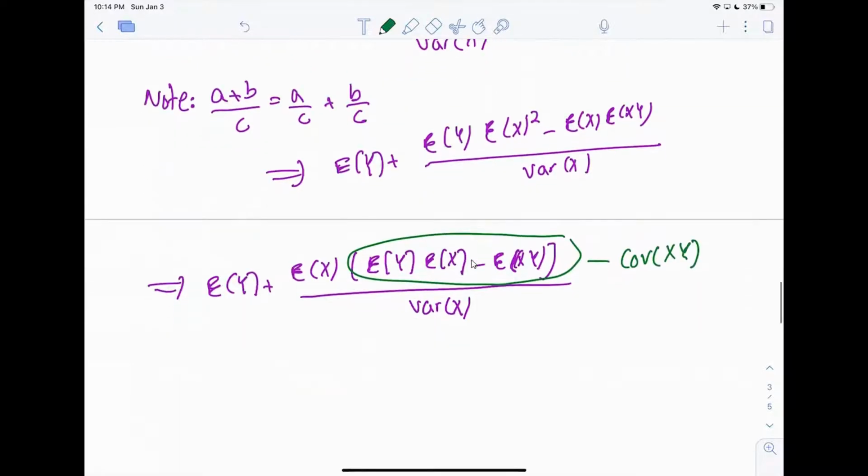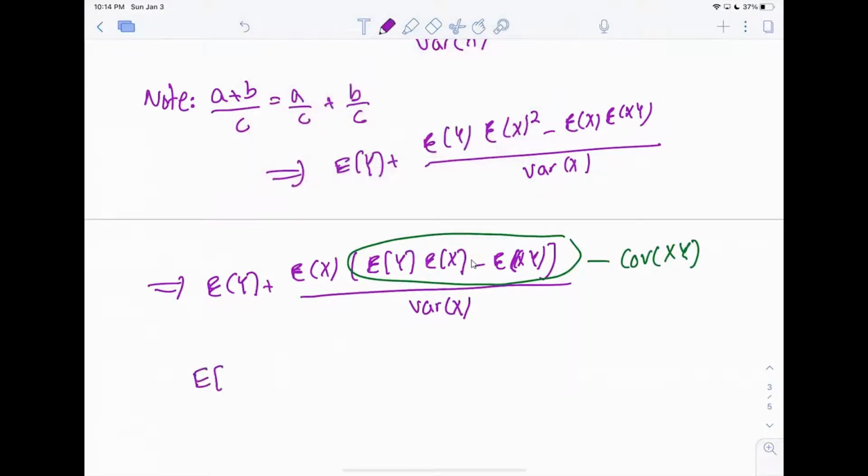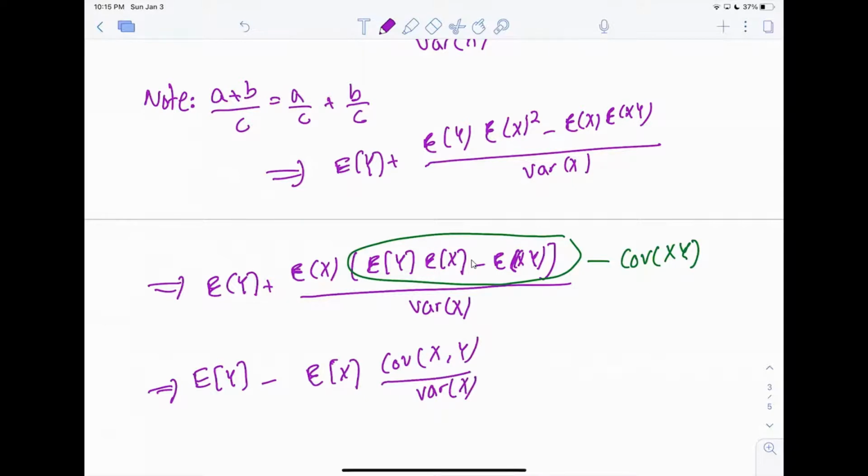Perfect. We're almost done. So the result is going to be E[y], and let's absorb the negative sign, minus E[x] times covariance of xy divided by variance of x. We can leave it as it is. We are done.